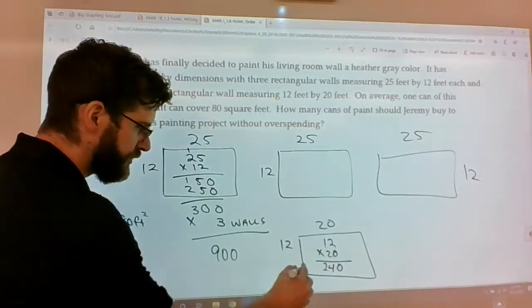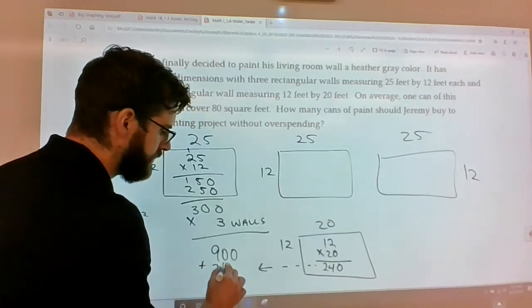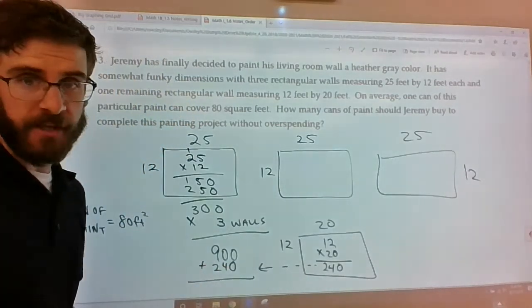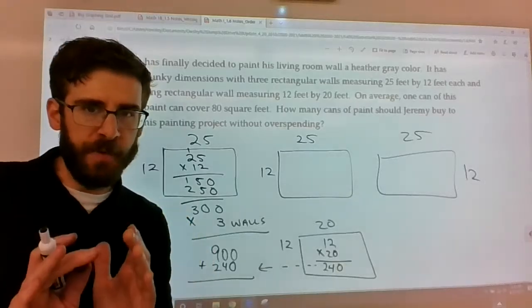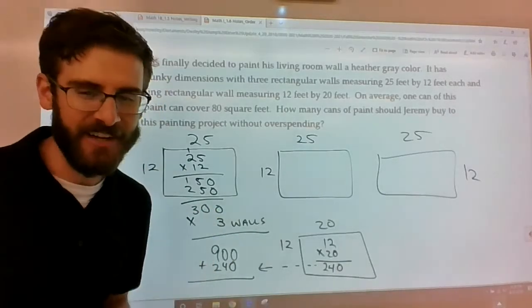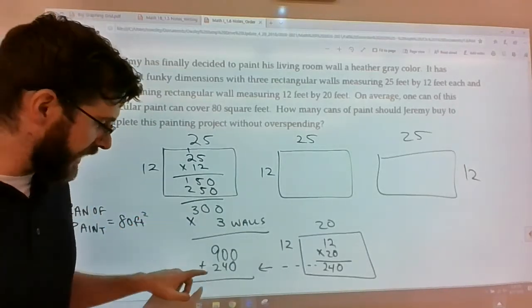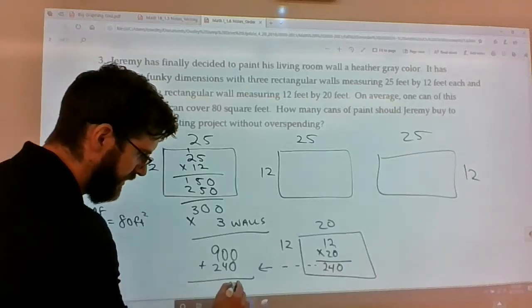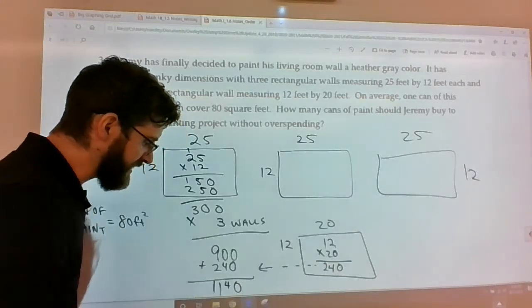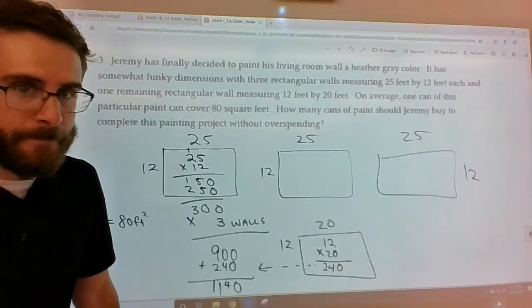So you're adding on 240 square feet. So the total space that Jeremy is responsible for is 900 plus 240. That's 1,140 square feet that needs to be painted.